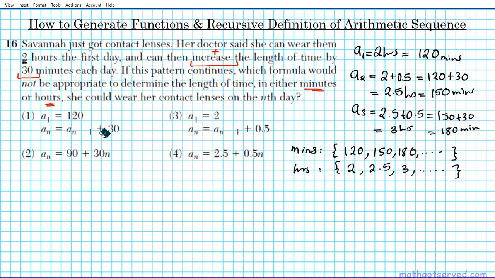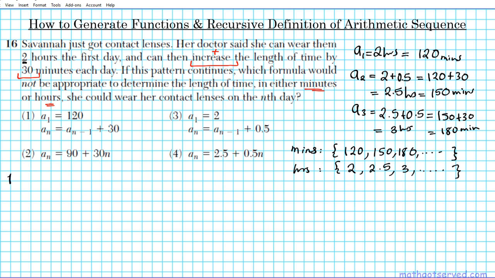Now, we have 4 combinations of recursive definitions and functions to generate these terms. And out of these options, one of them will not work. So let's see which one works and which one doesn't.